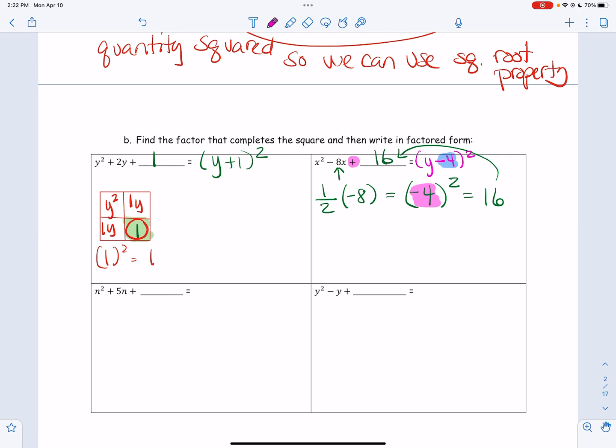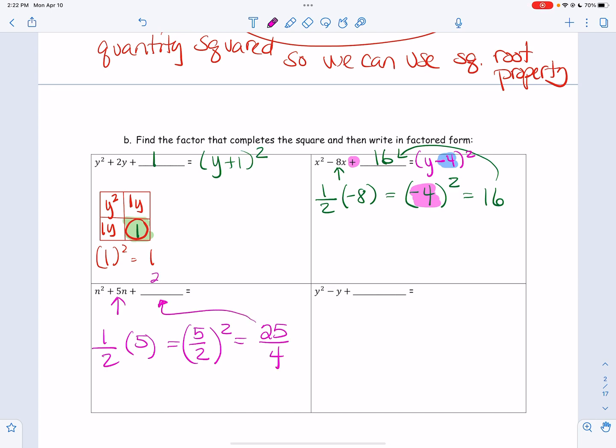So now we're going to go here. We're going to take half of 5, which is just 5 halves, and then we're going to square it, which gives me 25 fourths, and that goes in here. Then when you factor it, you will have n plus whatever this number is right here, quantity squared.